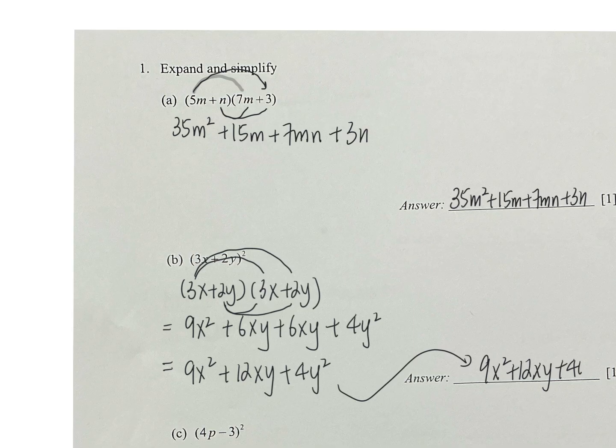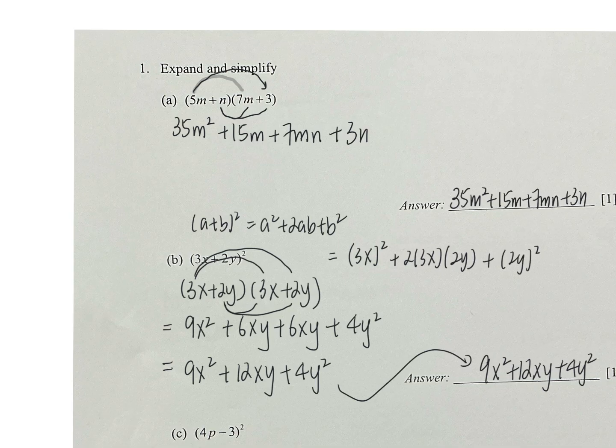Those of you who use the formula, a plus b square is a square plus 2ab plus b square, also can. So you square this, 2ab, plus b square. You will also get this answer. This one is using formula.